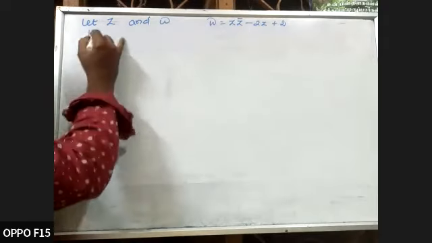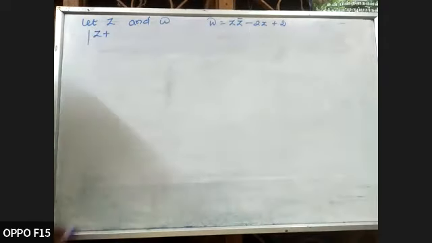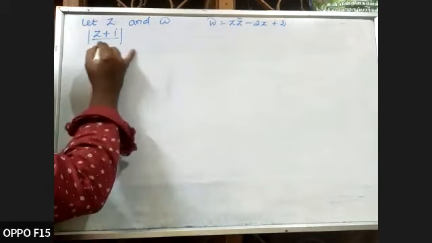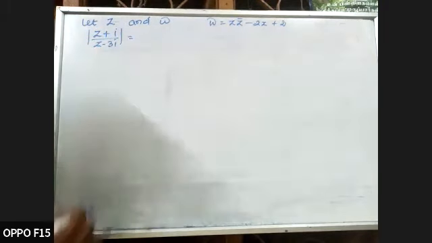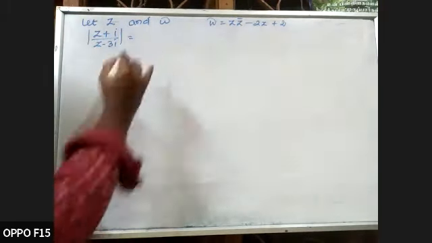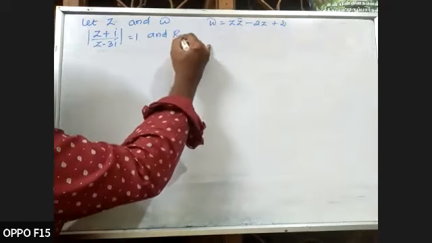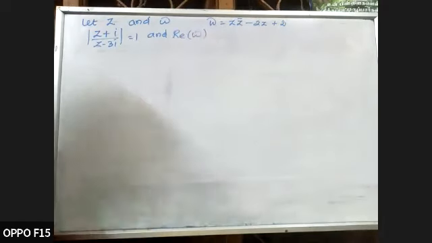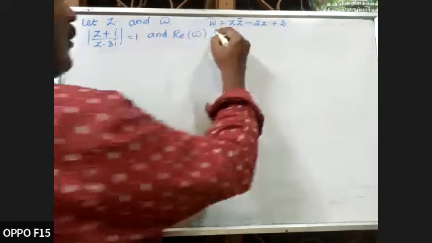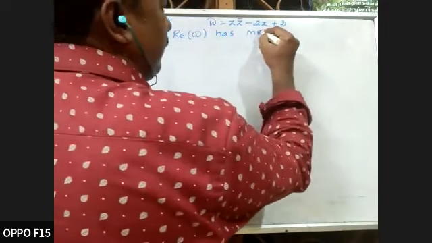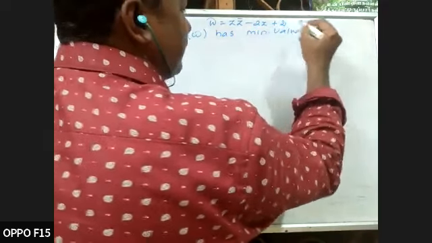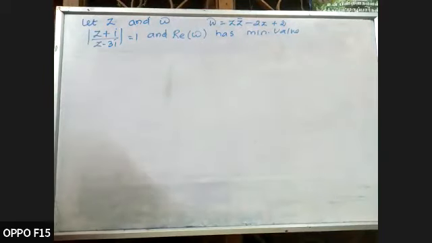And modulus of Z plus I divided by Z minus 3I is equal to 1. And real part of omega has minimum value.